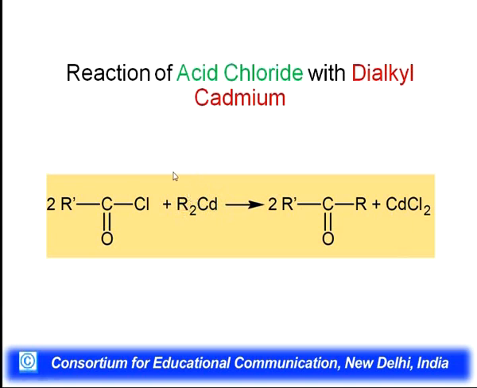It will undergo a nucleophilic acyl substitution reaction, which we shall be discussing when we do acids and acid derivatives. And this will go and react here, and then this Cl, being a good leaving group, will depart from here, resulting in the formation of a ketone.